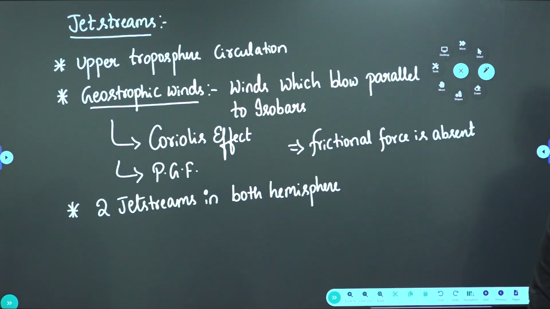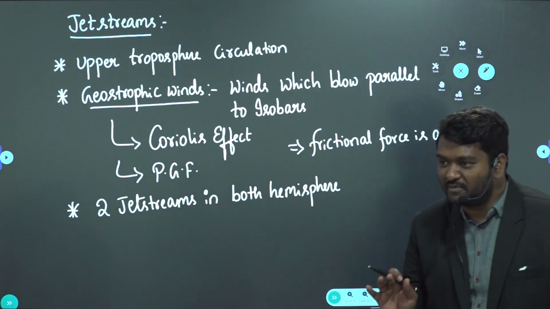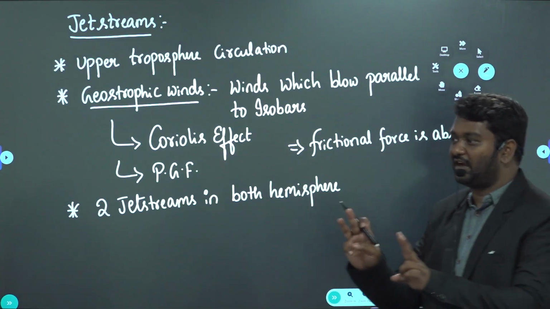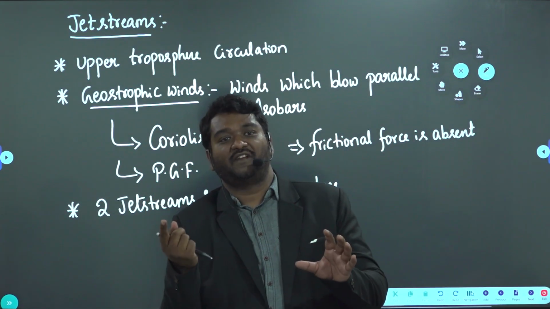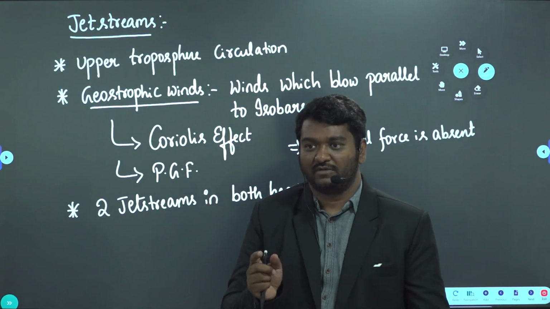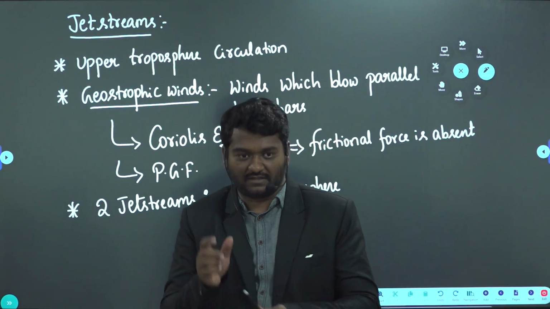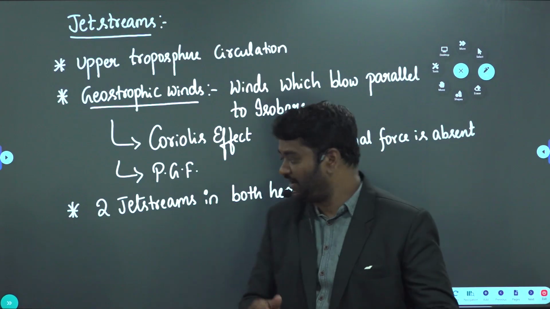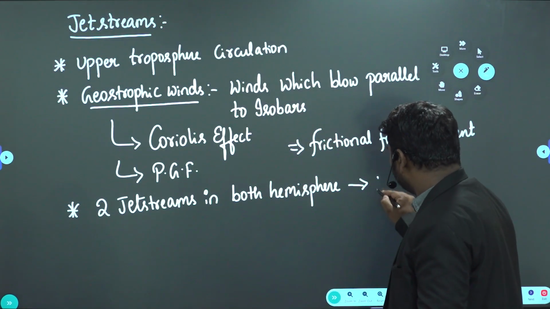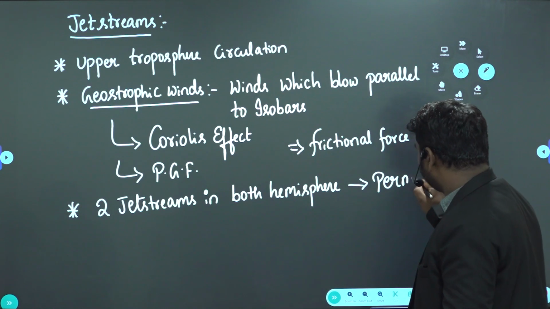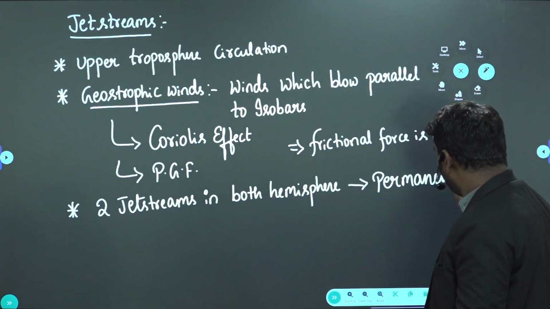Are jet streams permanent? Yes, because there are 2 jet streams which are always circulating. Are all jet streams always permanent? No, some jet streams are seasonal. See, extreme statement differentiation, fine. So 2 jet streams in both hemispheres are permanent.